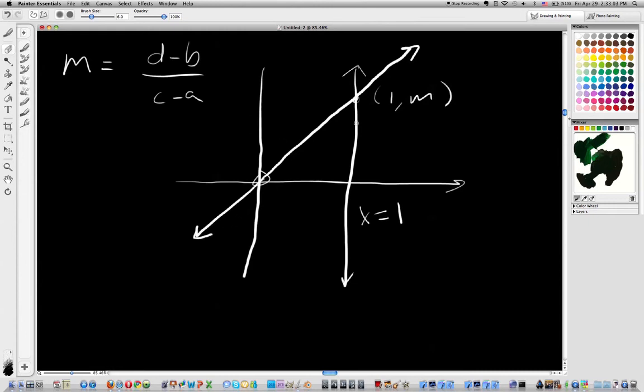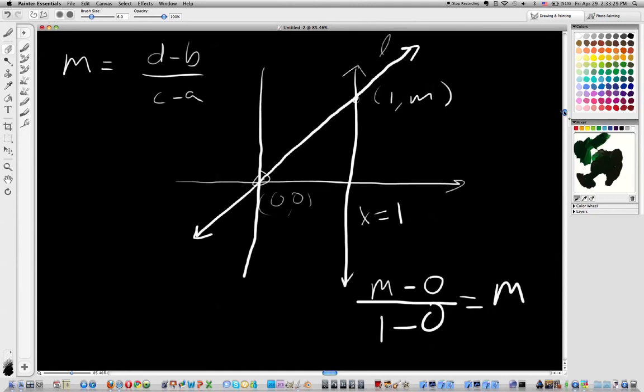Now consider this line. What would the slope be? Well, it would be m minus 0 over 1 minus 0, and that would be equal to m.